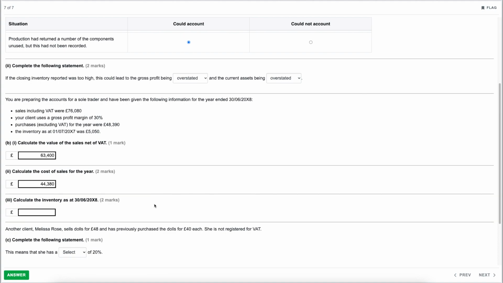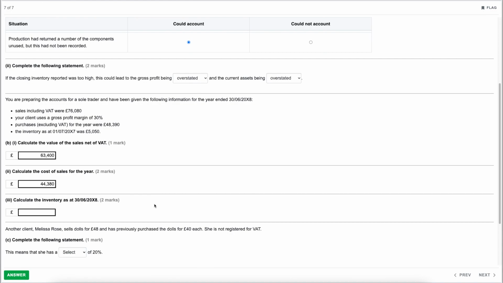And then the last step is to calculate your inventory as at the 30th of June 2018. So effectively calculate your closing inventory. So we do this with a mini reconciliation. Now that we've got all the other figures, we can use that to find out our closing inventory. I'll just remind you again, the cost of sales calculation is opening inventory plus purchases less closing inventory equals cost of sales.